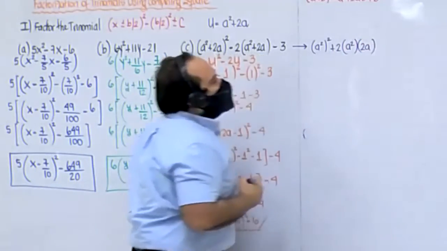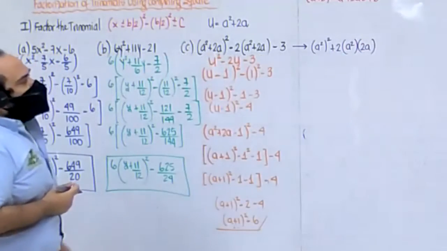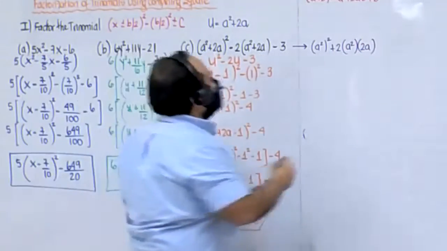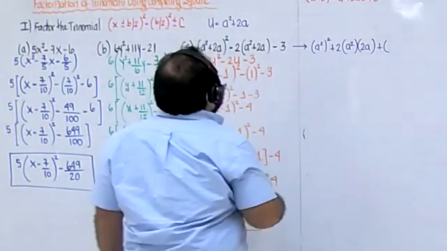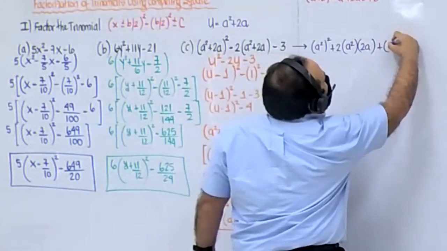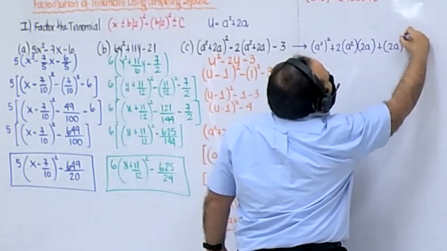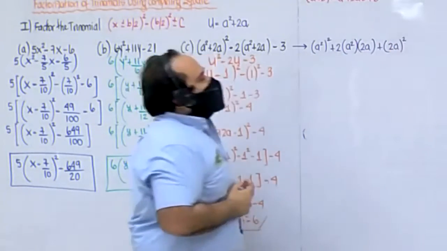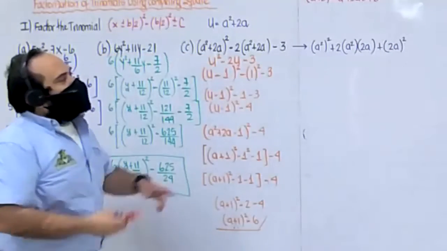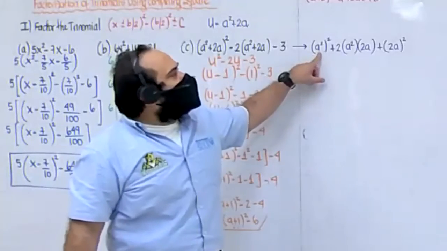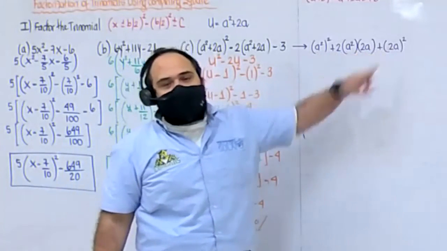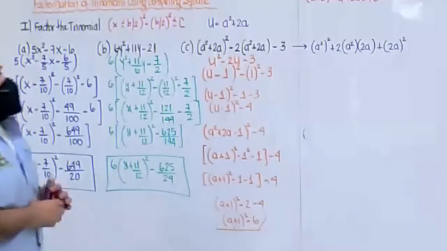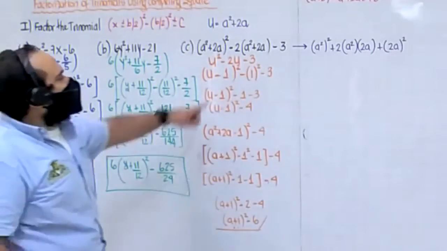All right. And finally, the last term elevated to the second power, in this case, will be given by 2a elevated to the second power. A squared plus 2ab plus b squared. All right.